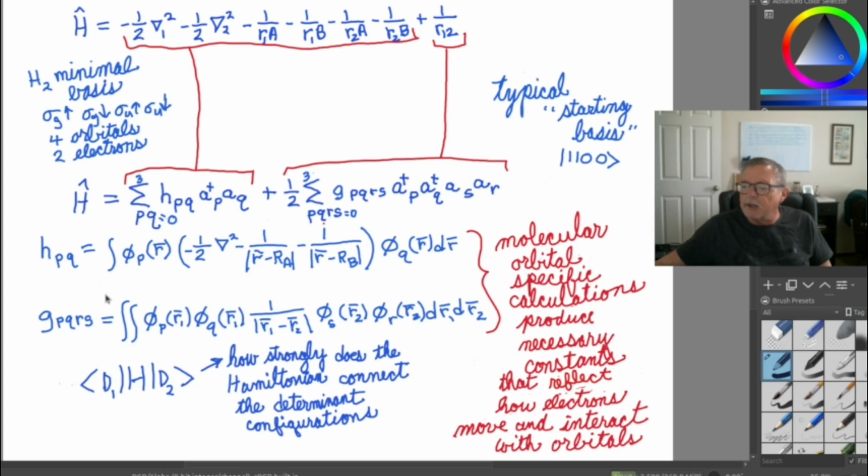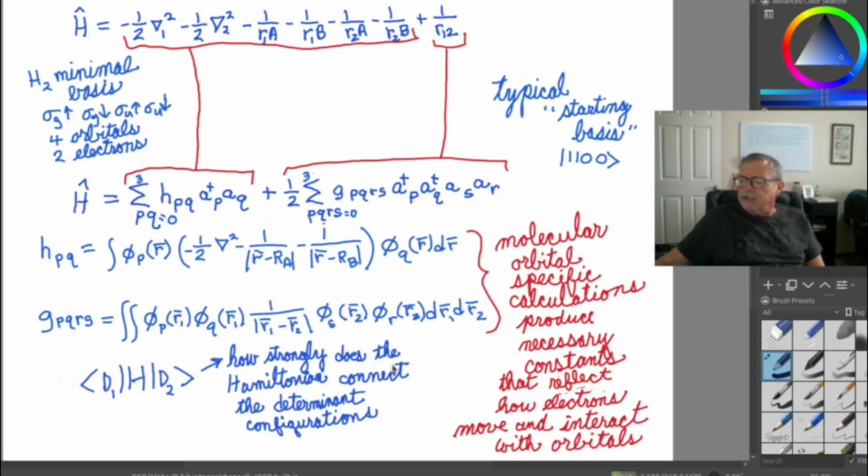Now I added something to this page. Here's the D1, and this is a determinant, one of these 6 determinants that look kind of like this that could go in there. And this one could be another one of 6 determinants that go in there. And the Hamiltonian part in there, and that's why I wrote this down because I had to figure out a way to say it that even made sense to me.